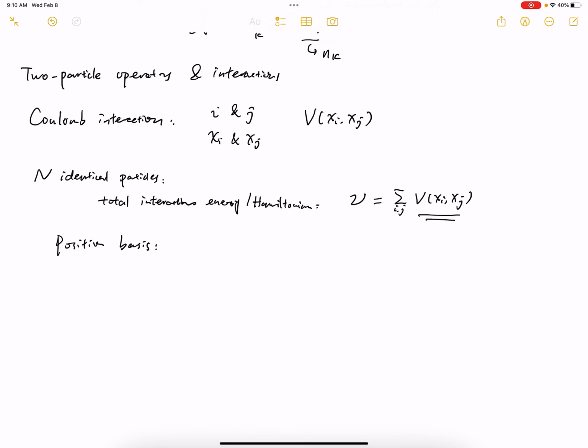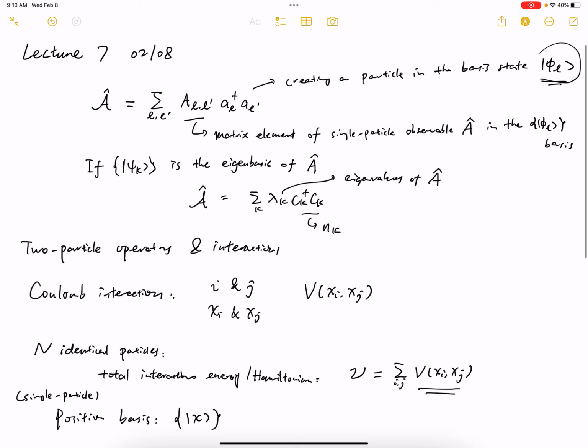The position basis is just given by these kets of x, where x denotes a particle at a particular position x. Whenever we are talking about this basis, this is a single particle basis. This is the same as psi, phi L or psi k here.